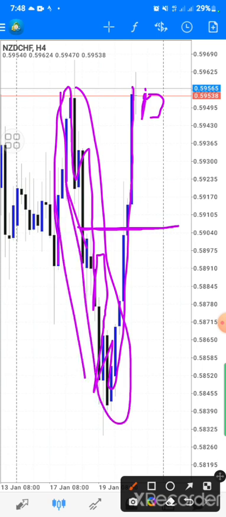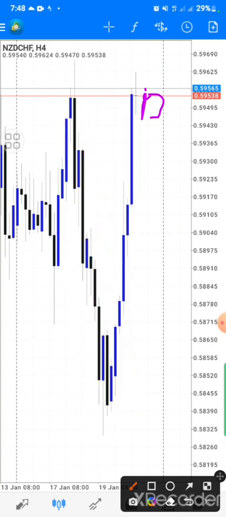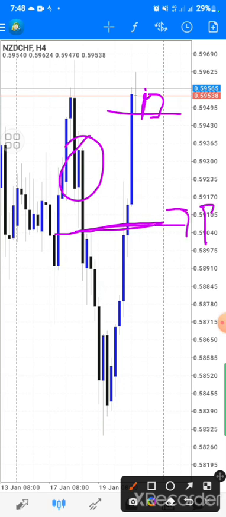So when you take a look at this downtrend, you see a retest here, first retest. So if you are to sell here, your first take profit should be here. Say TP1.